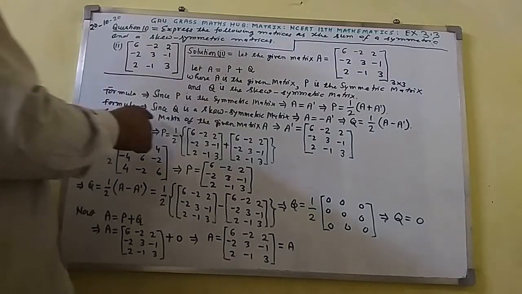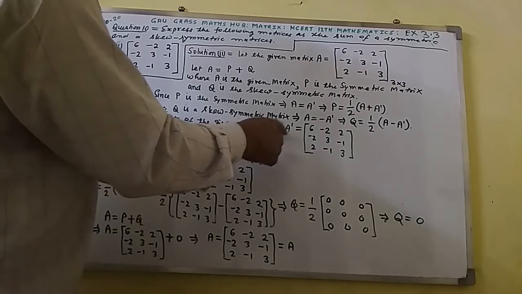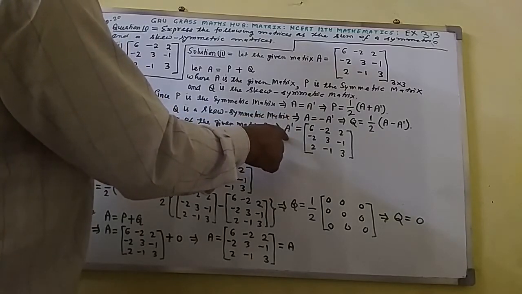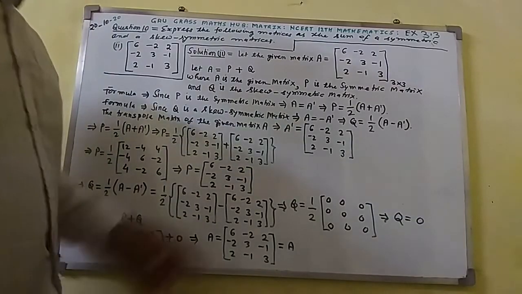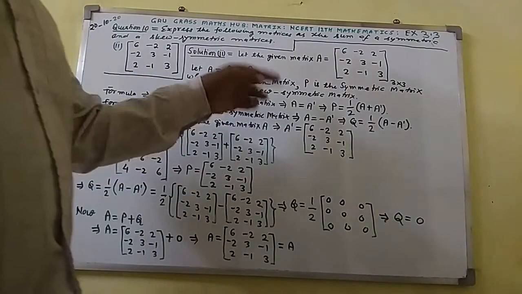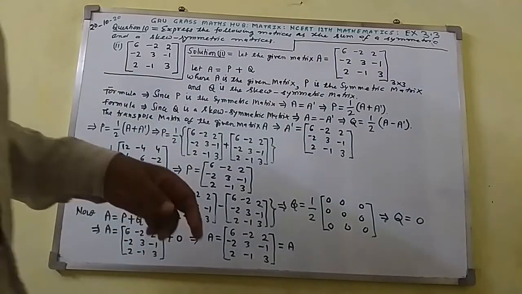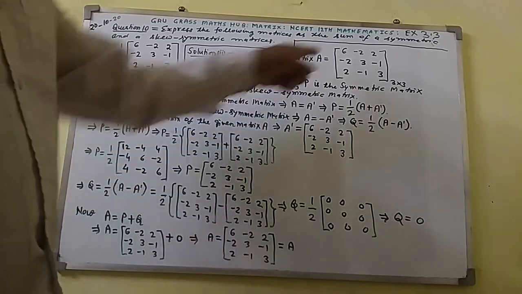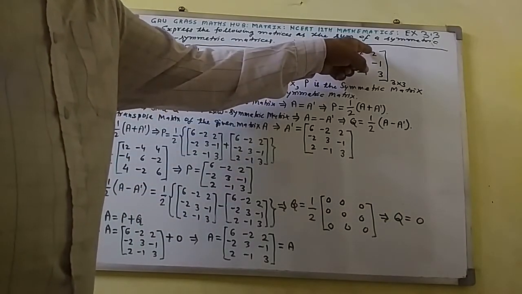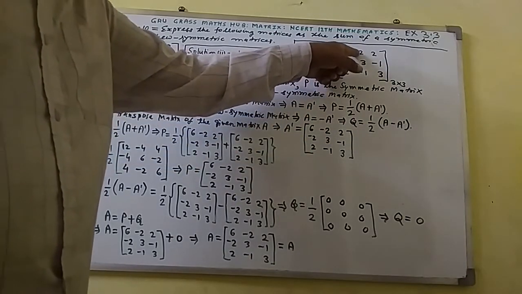Now the transpose of the given matrix A. Here you can see this is the given matrix A. In the transpose, the first row will be converted into the first column: 6, minus 2, 2.